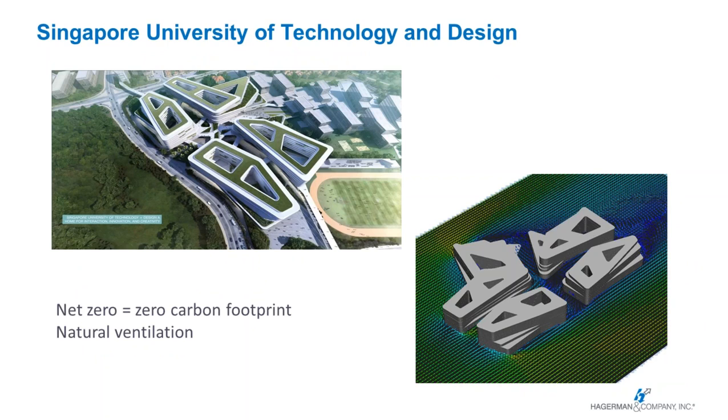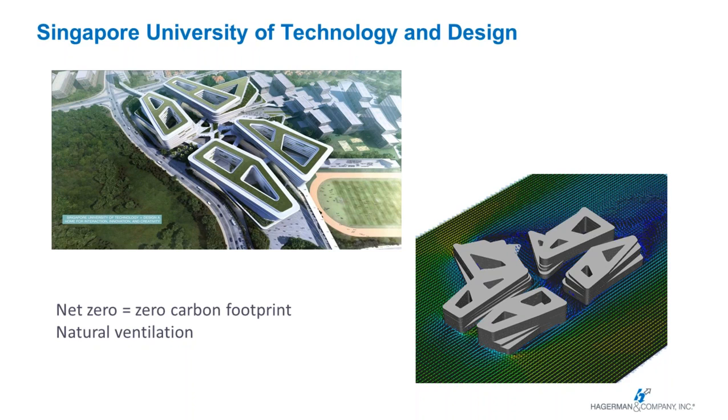Continuing the theme of external airflow, and then we'll start looking at some internal airflow as well, this is sort of a combined one, and this was from Singapore University of Technology and Design. Actually, a Dutch company using our software was involved in optimizing this building's orientation and layout to capitalize on the natural ventilation effects. One of the mandates was that it had to have a net zero carbon footprint. So we can see lots of green landscaping around the building.